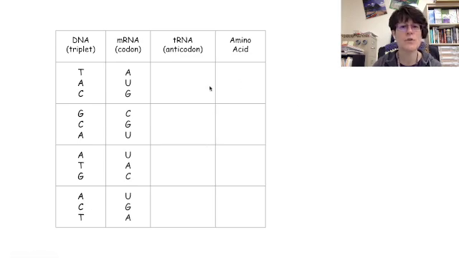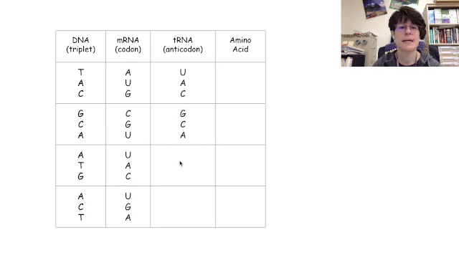Okay, now moving over to the tRNA. So we look at our mRNA, and you should know the matchups by now: A becomes U matches up with an A, and G with a C, so we have UAC. Now, go ahead and try to do the next one, and I will reveal the letters here.